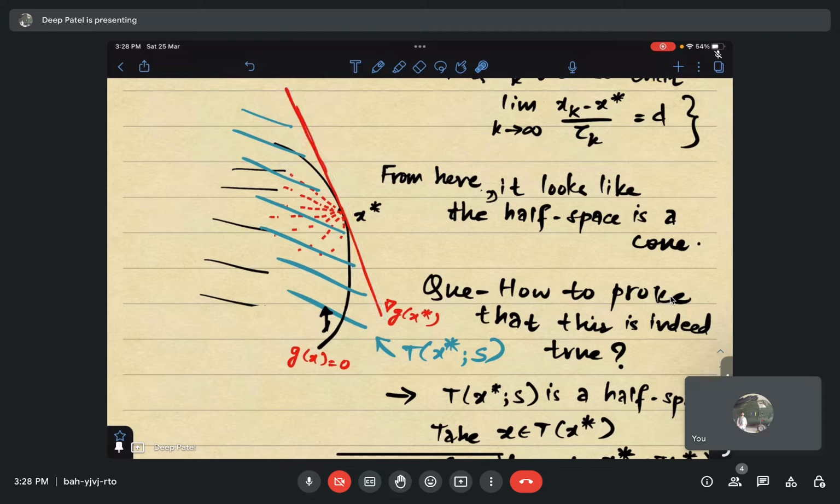So this is the tangent plane. Is this correct? No, this is not correct. This should be perpendicular, right? Yeah, exactly. A lot of times this confusion arises.